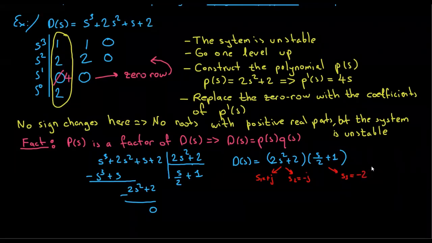So let us plot the pole locations on the S-plane and see the reason for instability. Let this be our S-plane.